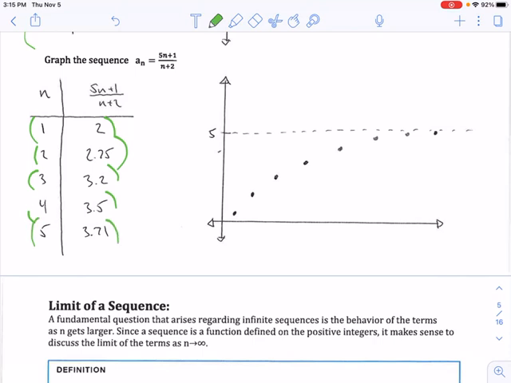And so when we plot these points, we are increasing, but we're getting really, really close to this horizontal line right here. And that horizontal line is going to be the line y equals 5. So we'll talk more about that here in a minute. But for now, it's just important to be able to know how to plot these points to graph a sequence. Now, the last thing that I want to talk about is to compare the three of these.